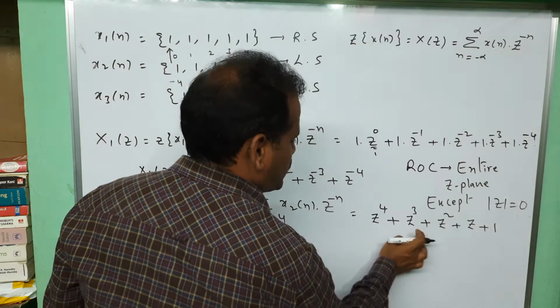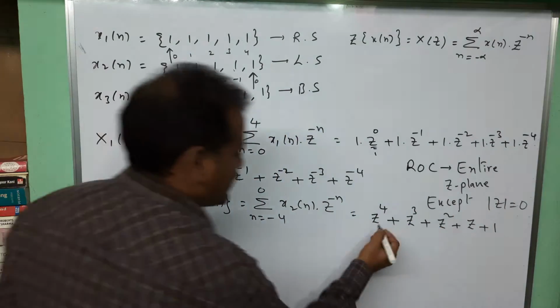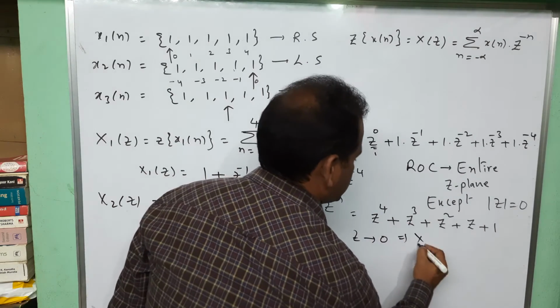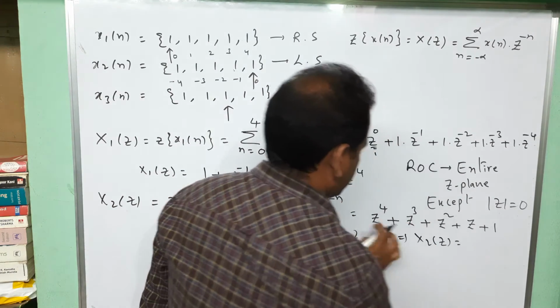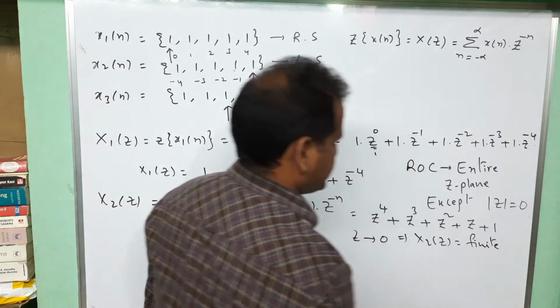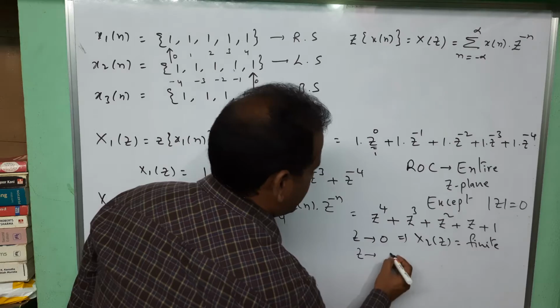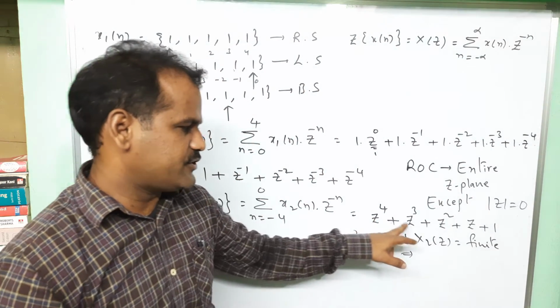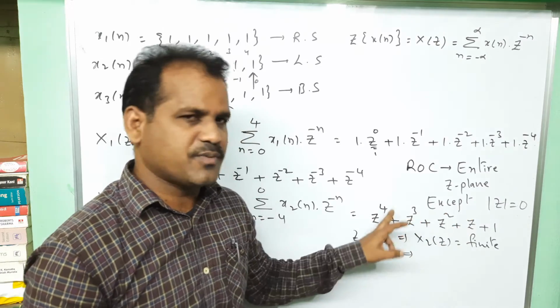Let us find the ROC of this sequence. If we take z value 0, then X2 of z is 0, 0, 0 means only 1. So this is a finite value. If z is infinity, then you can observe z to the power of some positive powers are there.